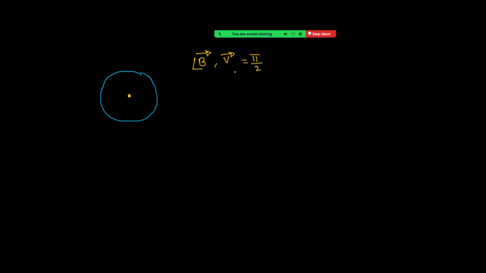And we have learned that if the angle is 90, it follows a circular path. Suppose it is now following a circular path like this, just touching, in this way.